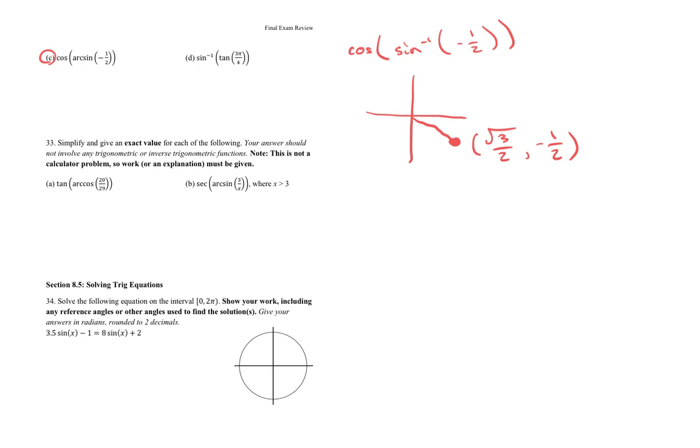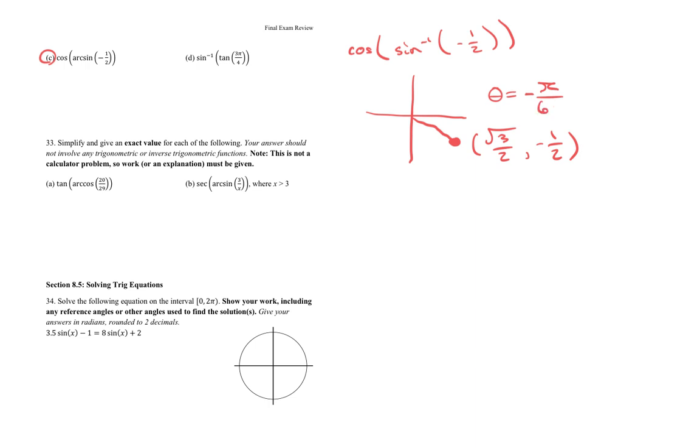So from here, this point is our y value, which is what sine is on the unit circle. So this here is just going to equal whatever this angle is. And this angle, theta here, is going to be negative pi over 6.